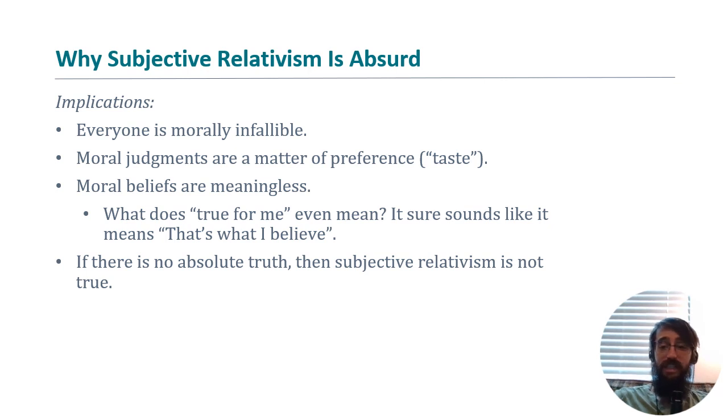Because if it really meant that, then it would be the sort of thing that could be absolutely true or false. So my belief can only be true for me, and if true for me just means that's what I believe, then it looks like my belief just ends up referring back to itself. If I say torture is wrong, for me, all that means is that I believe torture is wrong. It doesn't really mean that torture is wrong.